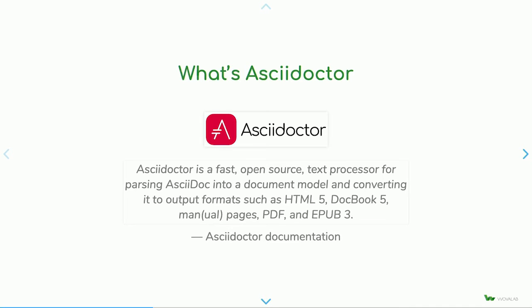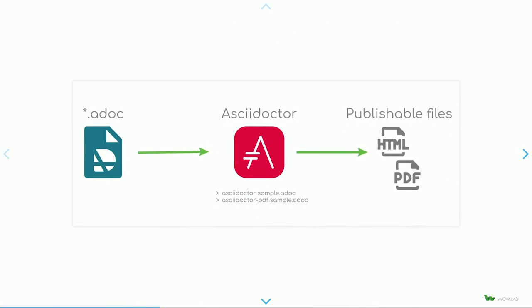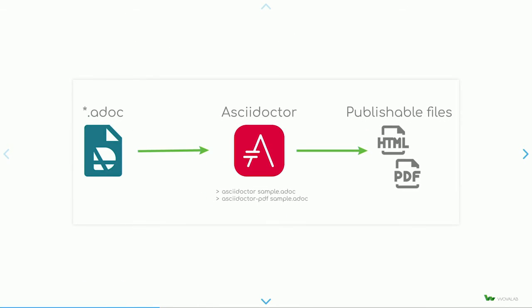So you give an Asciidoc file to Asciidoctor, and at the end, you can get the PDF, the HTML, the DocBook, any different publishable file format. Asciidoctor is an open source project developed in Ruby. So you need to install it to process your Asciidoc file.